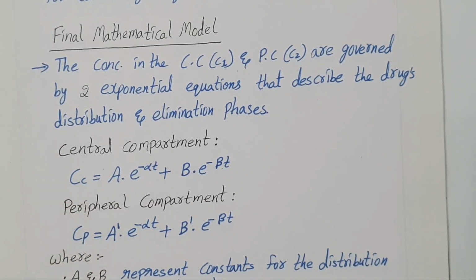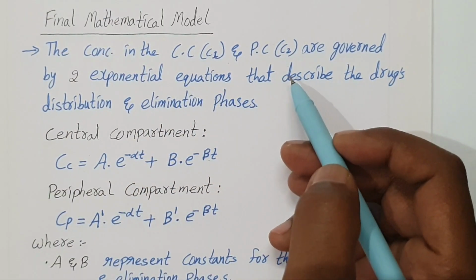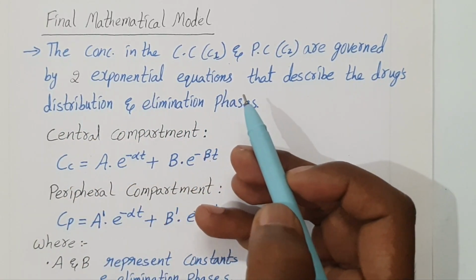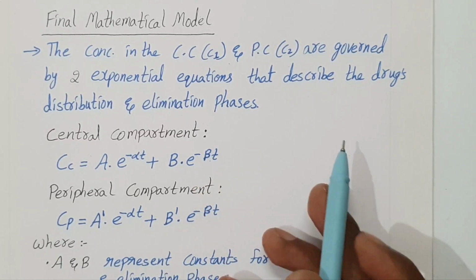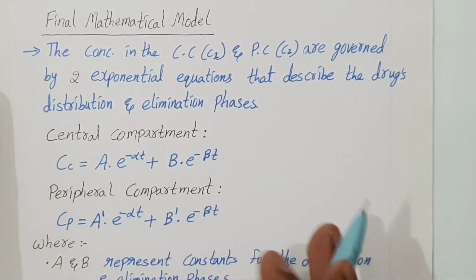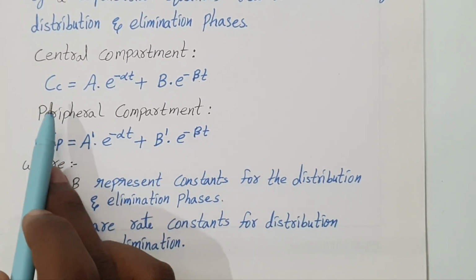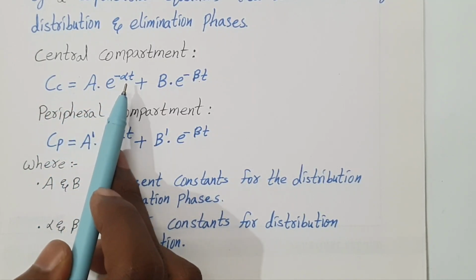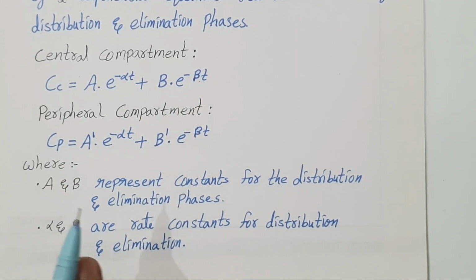Now we have the final mathematical model. The concentrations in the central compartment and peripheral compartment are governed by two exponential equations. They describe the drug's distribution and elimination phases. First, for the central compartment, Cc equals A into e power minus alpha t plus B into e power minus beta t.